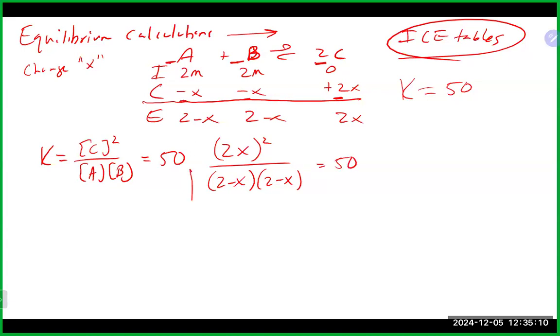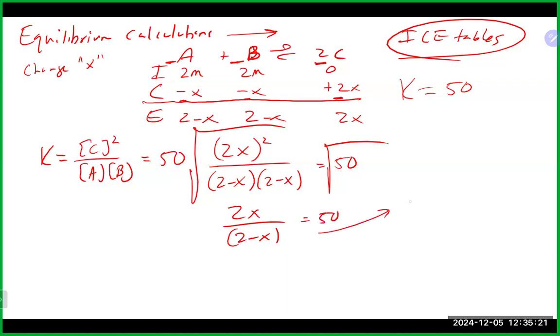Again, you can see, hopefully it is a perfect square, and you could square root both sides and get something like this, which I won't continue out and solve, but you could solve for x in this case. When you do solve for x, that is obviously all the x's we see in this table, and that would allow you to go back here and solve for the equilibrium concentrations of everybody.